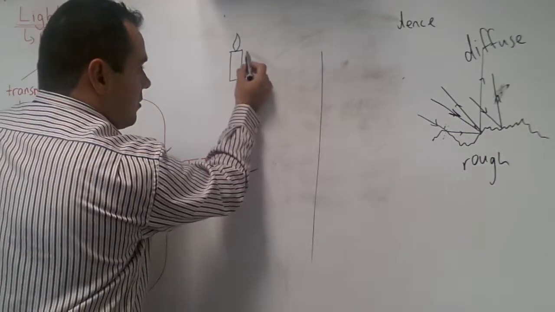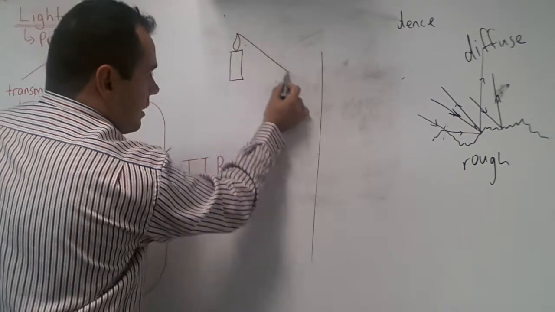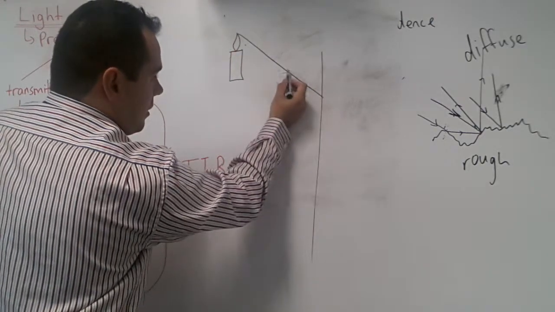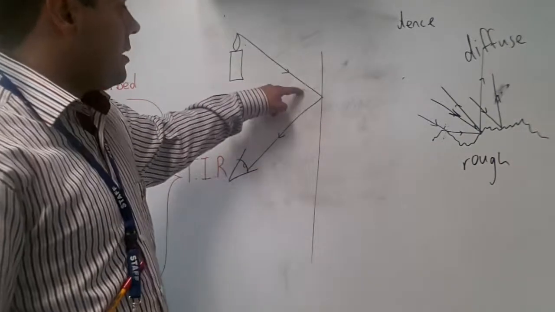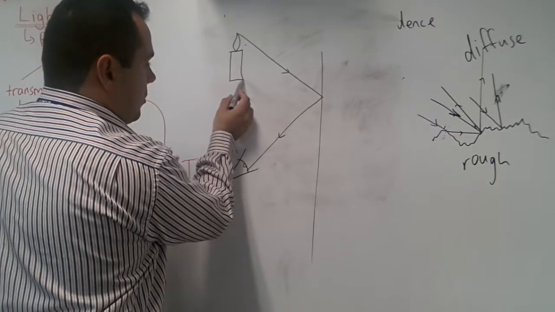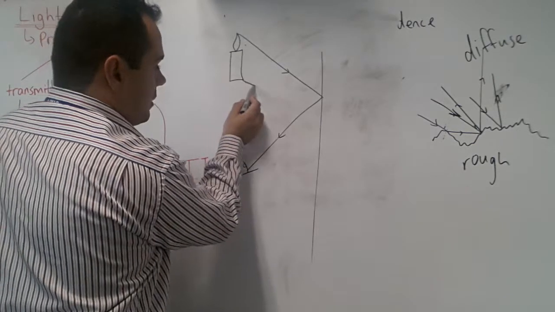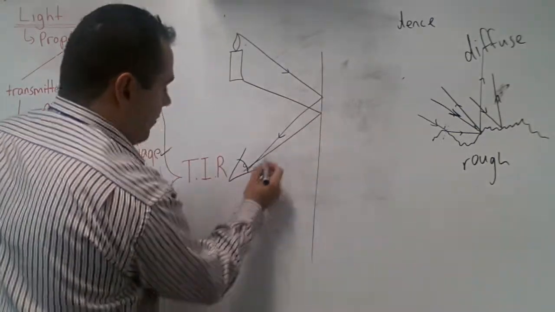So the light from the candle, so let's take the light ray from the top of the candle, that's going to hit the mirror, and it's going to reflect into your eye. Okay? Incident angle, refracted angle. Then let's take an angle from the bottom of the candle, that's going to hit the mirror, and it's going to reflect into your eye.